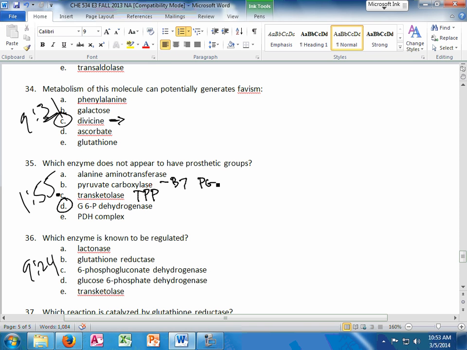Alanine aminotransferase has B6, which is a prosthetic group. PDH complex has B1, 2, 3, and 5. These two are both co-substrates, and these are both prosthetic groups. So I believe that's the answer, even though his key is saying C. I think there was a mistake. I went back to Unit 1 to double check. If you go to the very first unit, slide 55, it lists which ones are co-substrates and which ones are prosthetic groups.